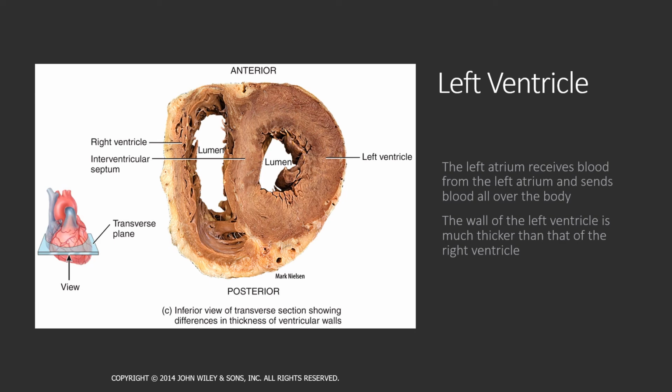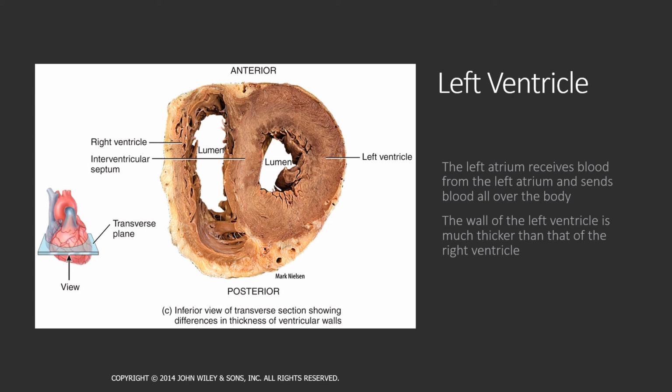Now blood is going to pass from the left ventricle through the aortic valve into the ascending aorta. Some of the blood in the aorta is also going to go into the coronary arteries, which carry blood to supply the heart wall with nutrients and to remove waste from the cells of the heart as well.